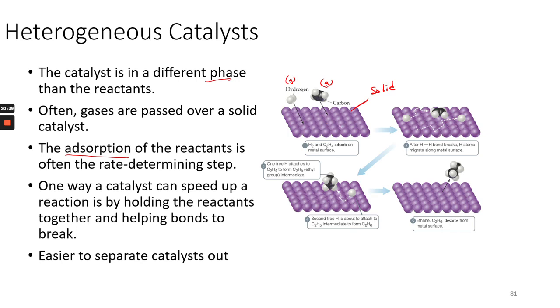And then this catalyst will break the hydrogen bonds, allow the hydrogen to move around, bond to the hydrocarbon, and speed up the reaction that way. If I wanted to separate my products from the catalyst, this is easier to do because they're different states. I could easily pull a solid out of a gas, right?